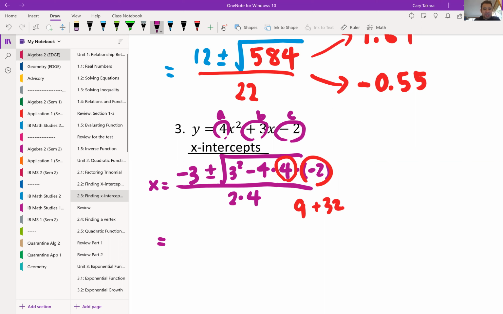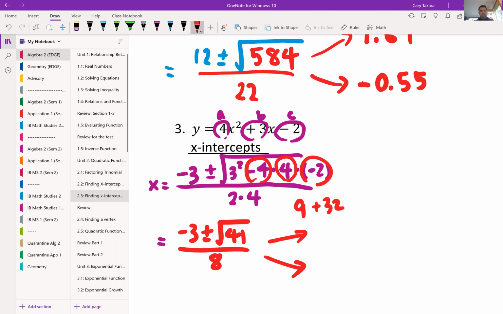You don't want to do that. You just count it as negative 4 times negative 2, and put down the number. So you've got negative 3 plus minus the square root of 41, over 8. Okay, that's it.